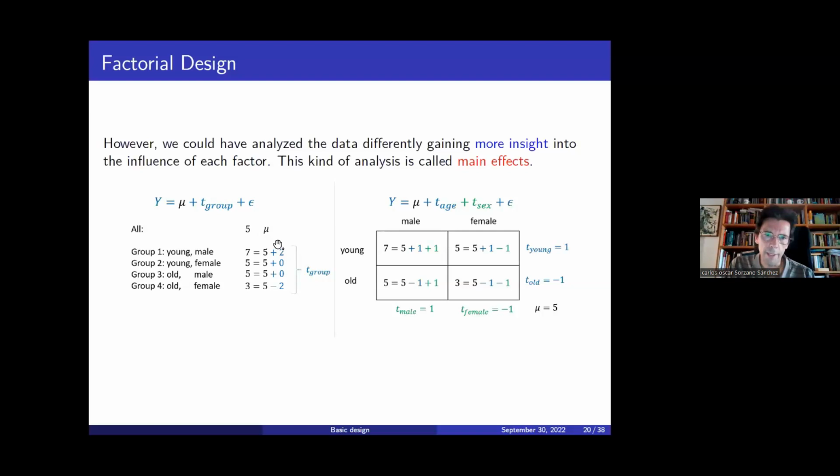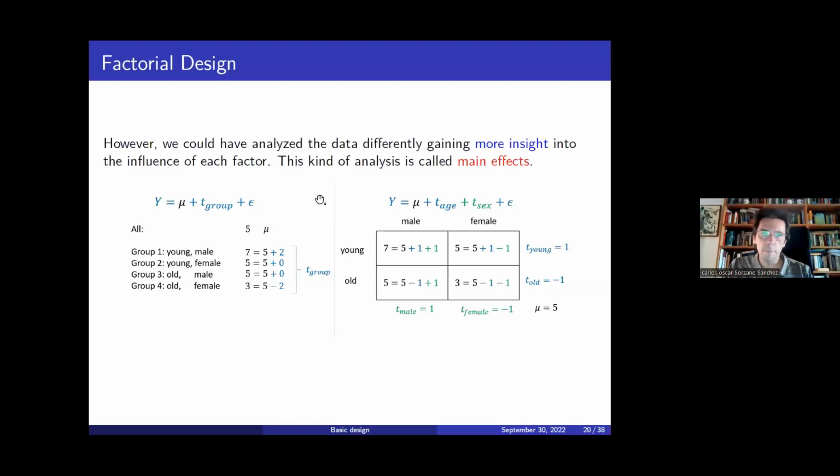So now I can see that these 2 groups are different from the overall mean, and I can explain why. So you get a positive effect because you are male, and you have a positive effect because you are young, and the opposite for females and old.